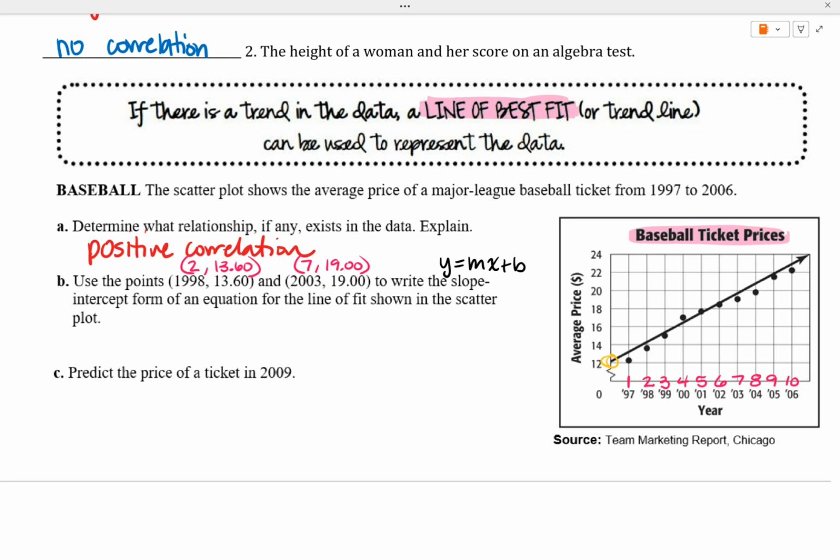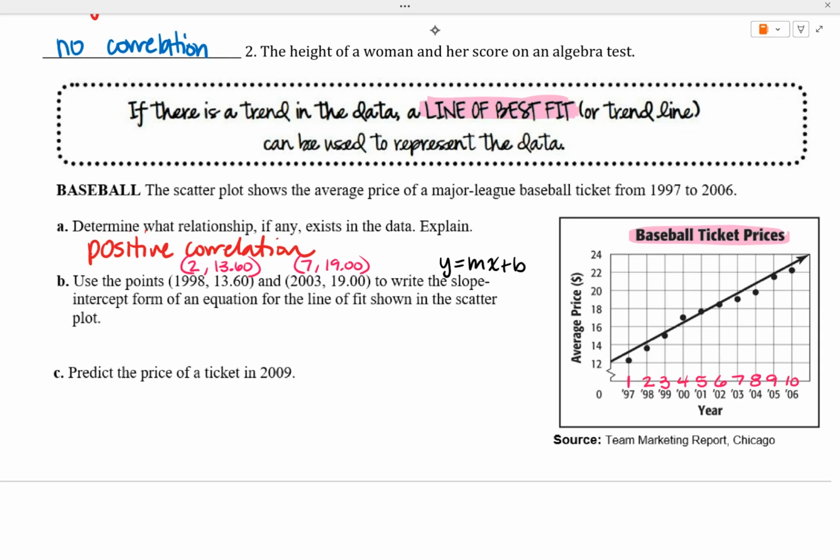So we are going to have to find out what it is based off of these 2 points. And again, this is a line of best fit. If you picked 2 other points, it's going to slightly change the equation depending on the location of those points. So keep that in mind: if you change the points, it is going to slightly change the equation. But this is going to be the line of best fit based off of these 2 points.